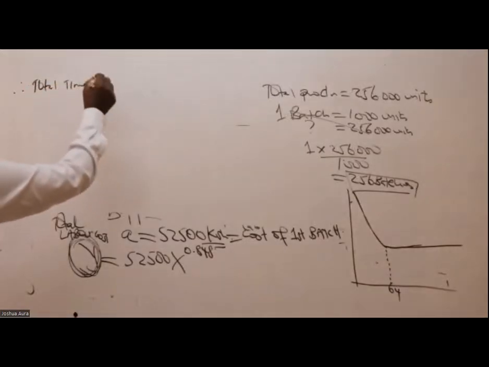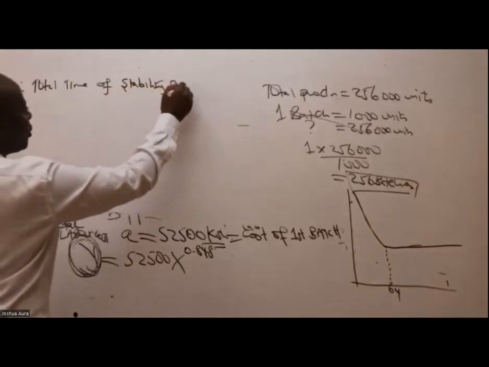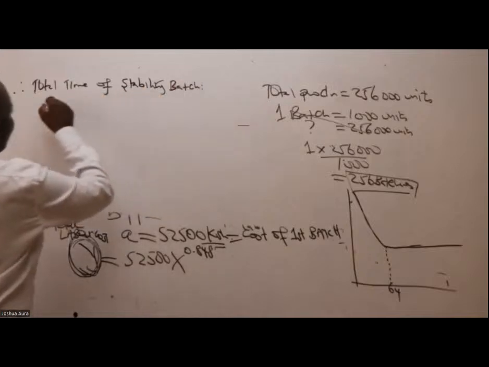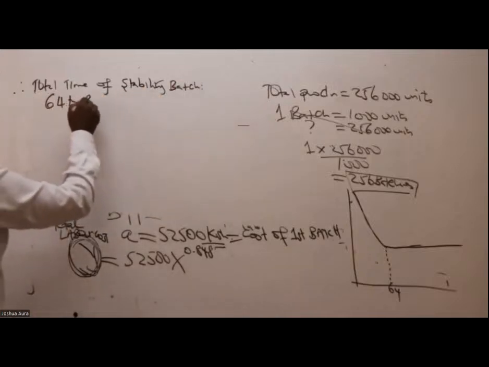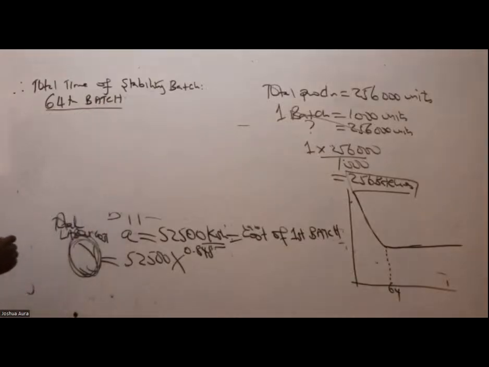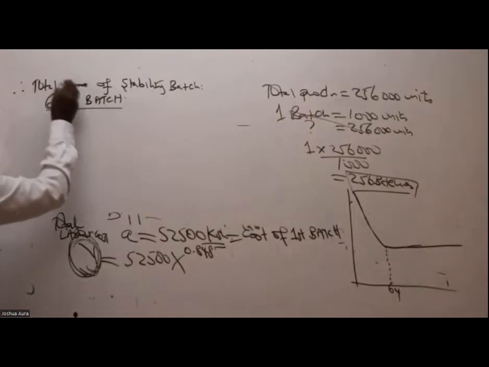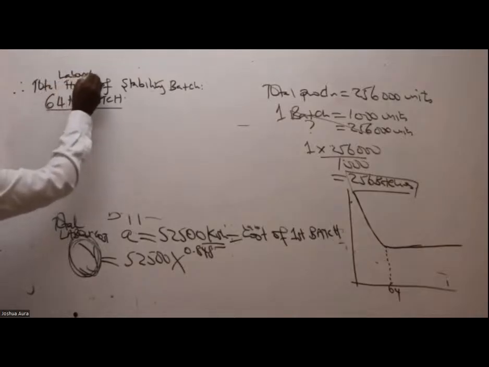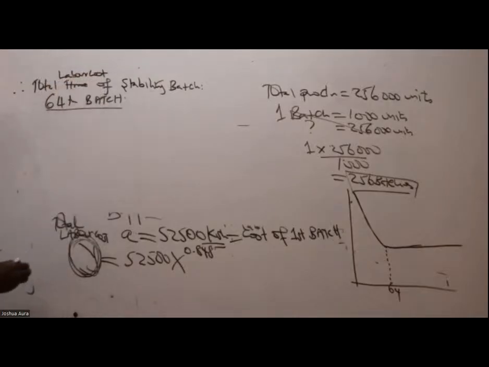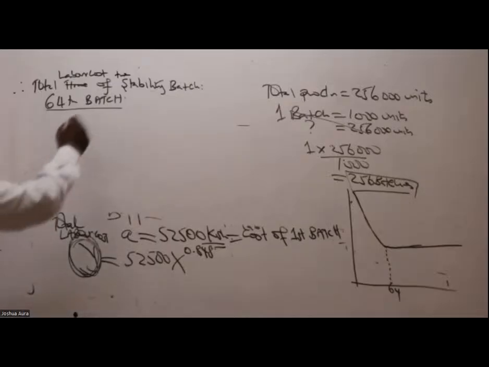Total time of the stability batch, which is the 64th batch. Very interesting. I should have used the word total labor cost of the stability batch, the 64th batch.